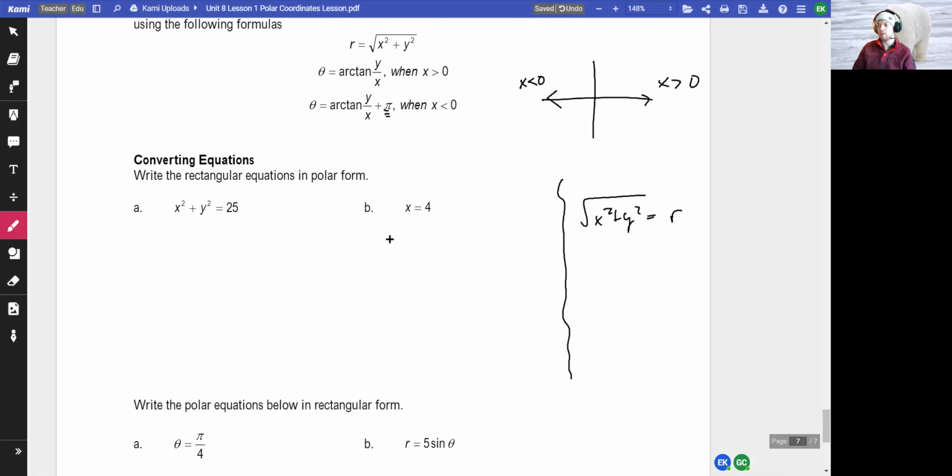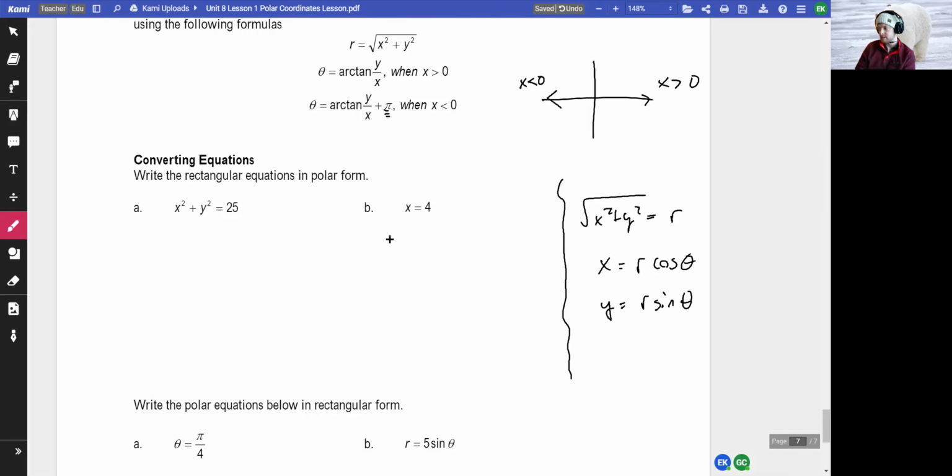So if I want to convert this to polar, if I see a root x squared plus y squared, I can just rewrite it as r. How about what is x in terms of polar? Do you remember that? That one is r cosine theta. Yep. How about y? r sine theta. Sweet. All right, let's jump over to A.